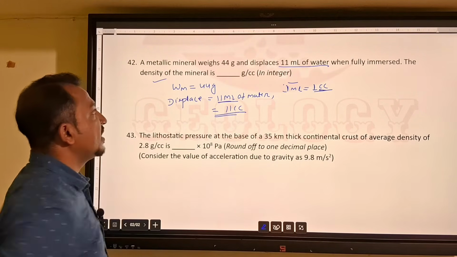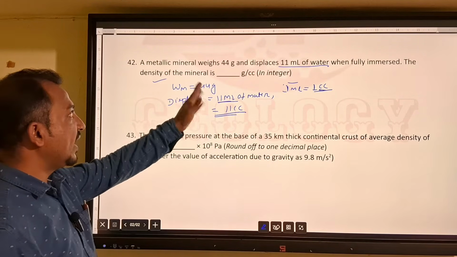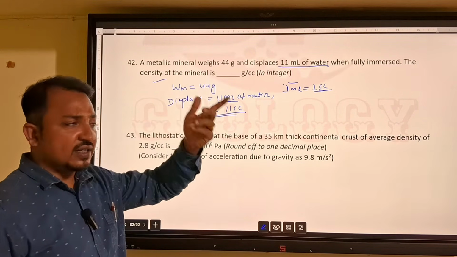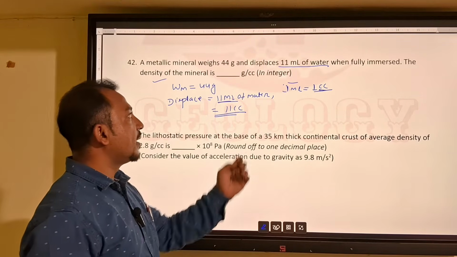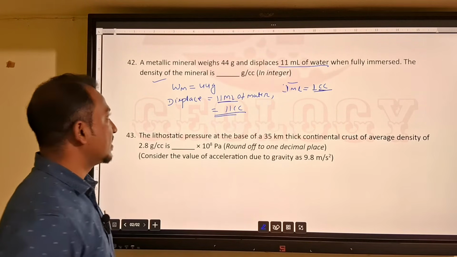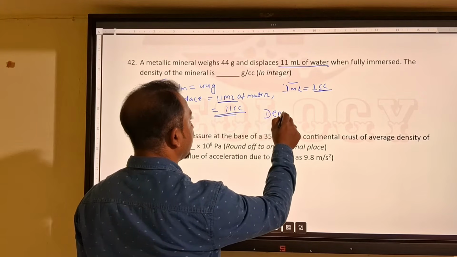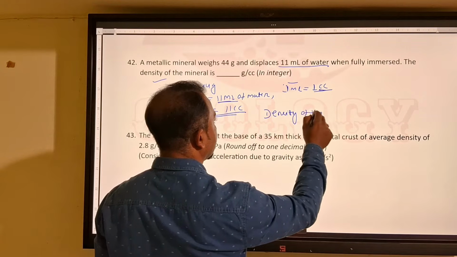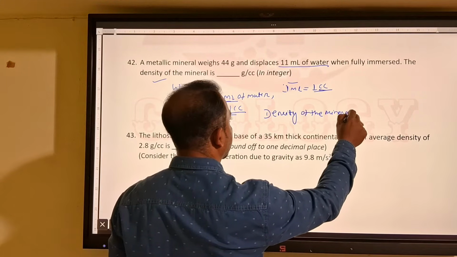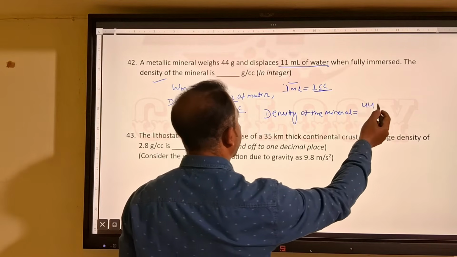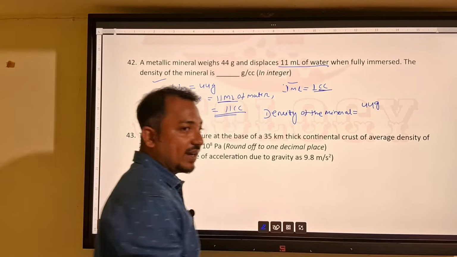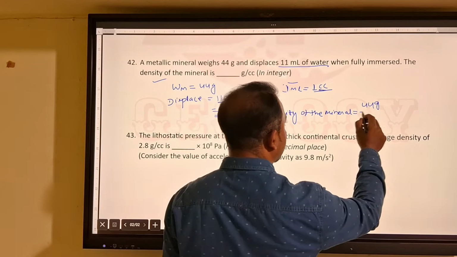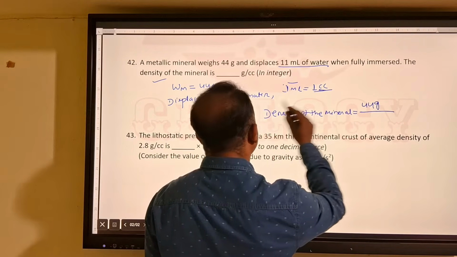Now the density of the mineral is calculated by the weight of the mineral in air, that is 44 gram, divided by the volume of water it displaces when it is fully submerged or immersed, that is 11 cc.